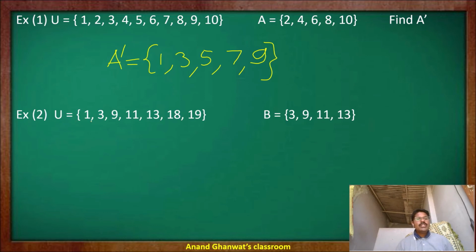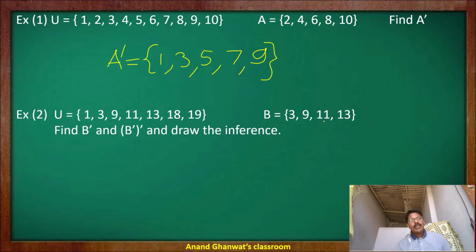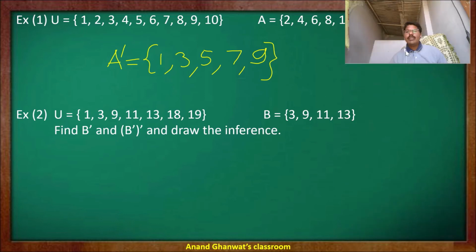Universal set U is equal to 1, 3, 9, 11, 13, 18, 19, and set B is equal to 3, 9, 11 and 13. Now let us find B complement, and after that let us find the complement of B complement, and we have to draw an inference. So let us write B complement first.